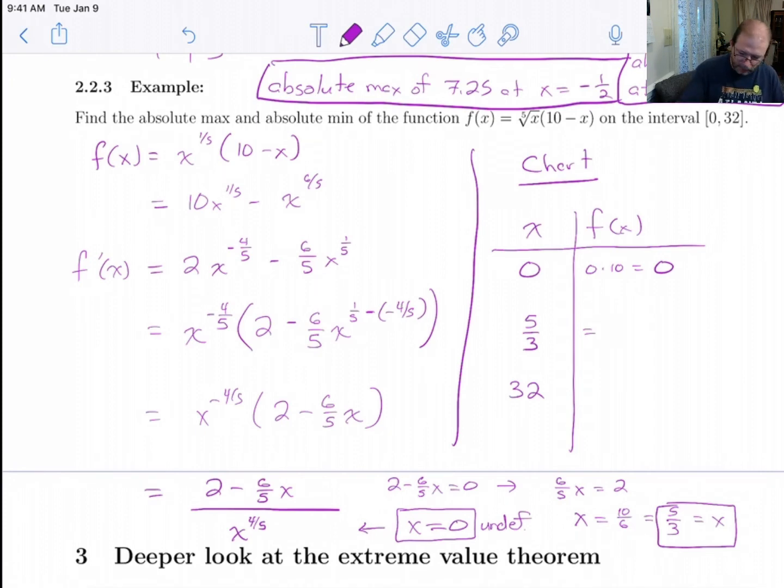Now, the way I'm going to do that is this. I'm going to put in 5/3 raised to the 1/5 power, times 10 minus 5/3.